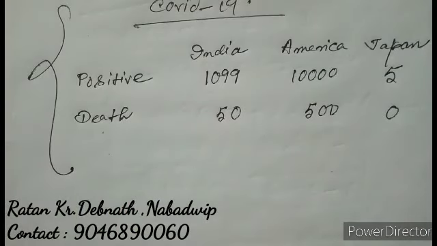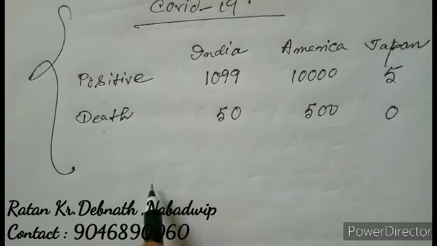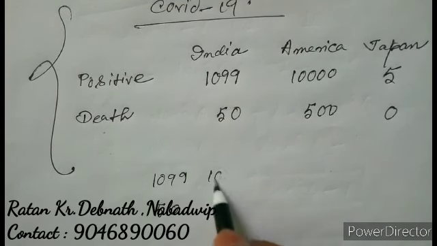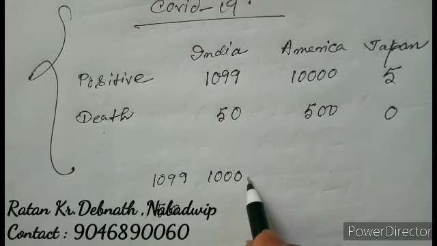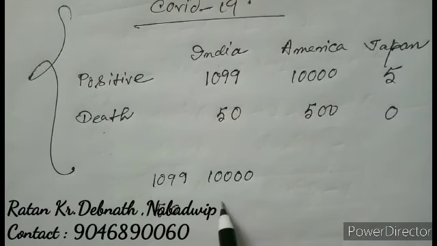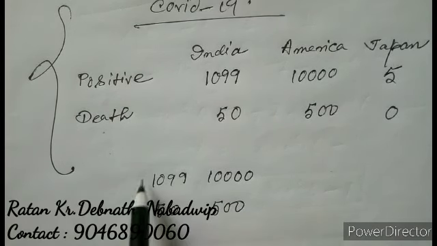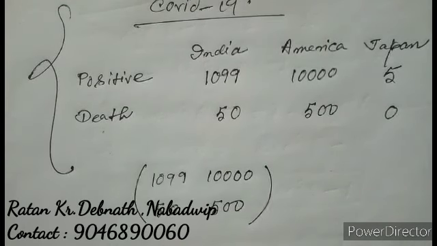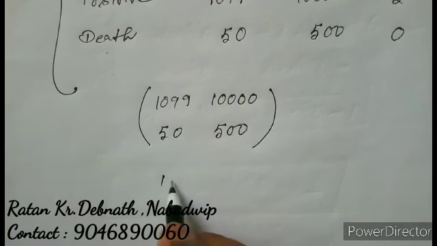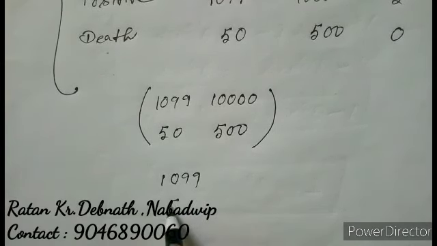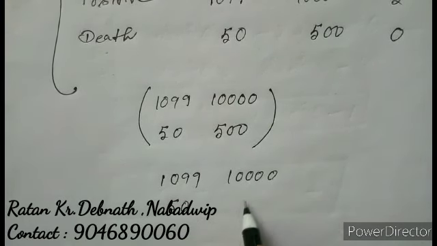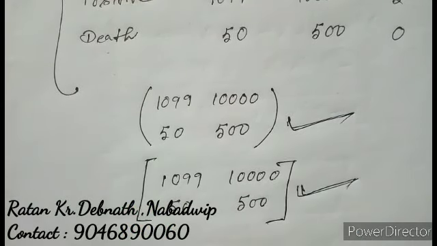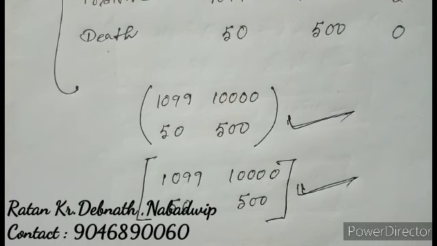If I take some part of this database, like 1099, 50, 1000, 10,000 and 500, and enclose it within brackets, this form is known as a matrix.